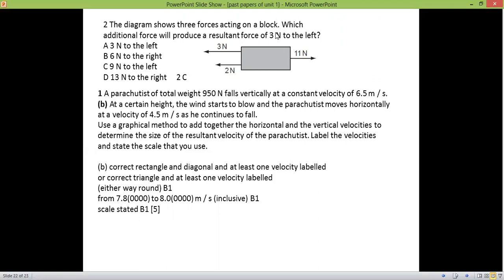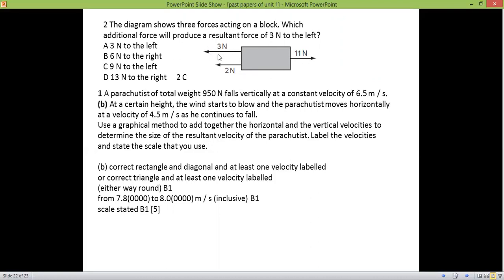Over here, they are acting parallel to each other, but one force is acting in the opposite direction. So if we take 3 over here, then 3 plus 3 becomes 6, 6 plus 2 becomes 8. The sum of the forces should be greater than 11, so that when we subtract them we get an answer 3, and then the resultant force will be shown towards the greater force. So the sum over here should be greater than 11.